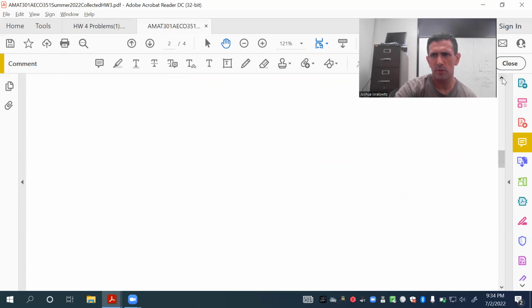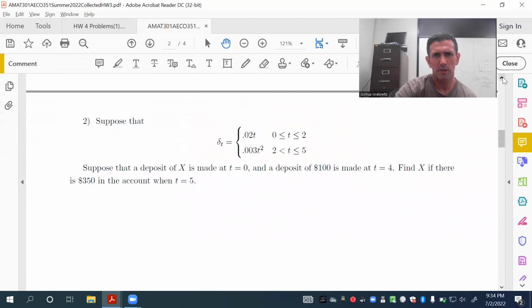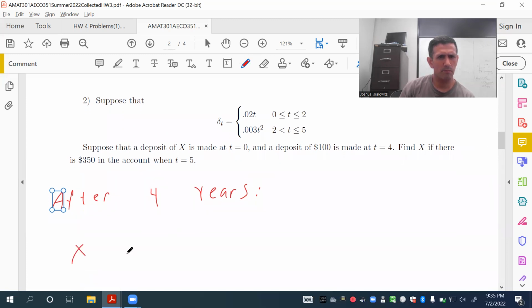I don't think either way is really better for number 2. Right, so after 4 years, how much do we have? Well, it's X e to the integral 0 to 4.